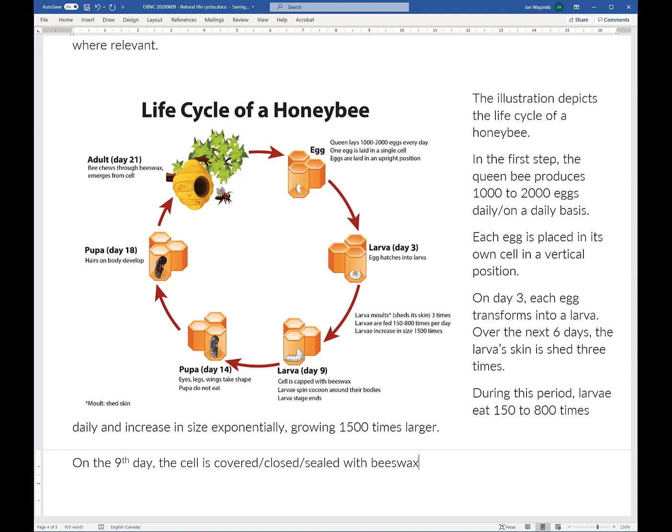And then larva creates a cocoon. Larvae spin a cocoon around their bodies. What would be another way to say that?